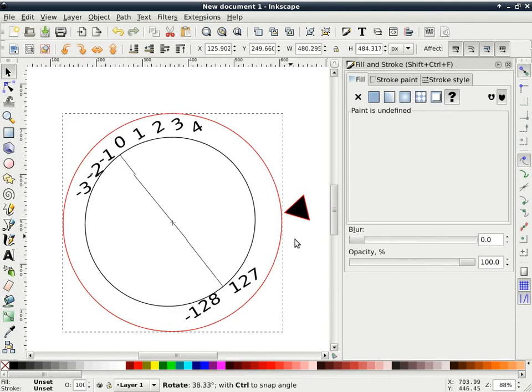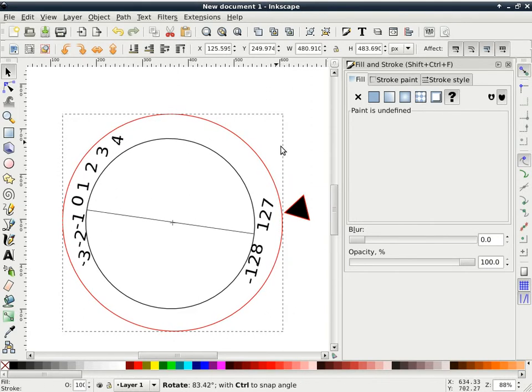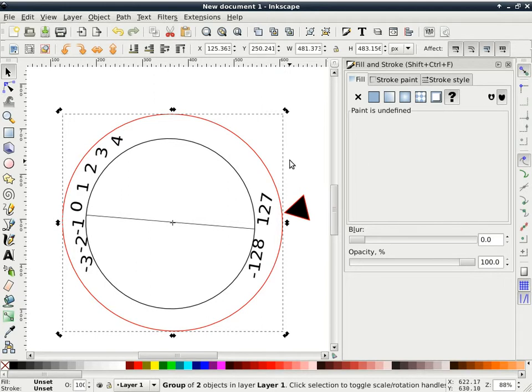So let's say we are rotating this, and we are here. What happens when I add 1 to 127, which means counterclockwise rotation by 1 click? It becomes negative 128, right? And the same thing happens in the other direction.